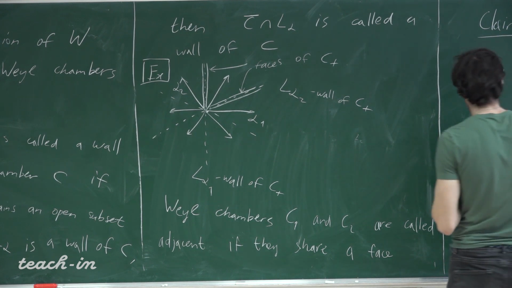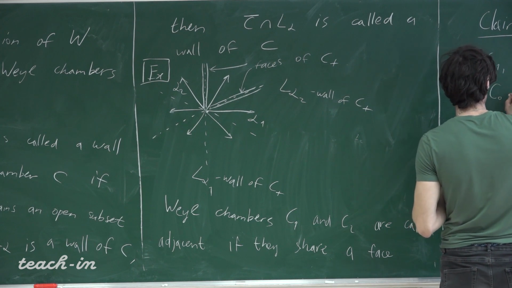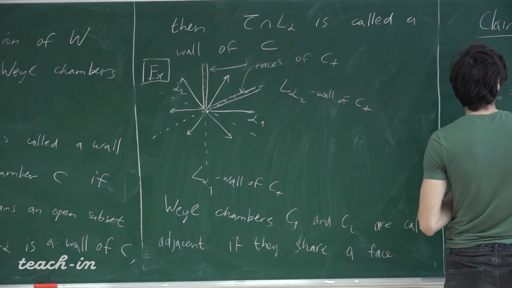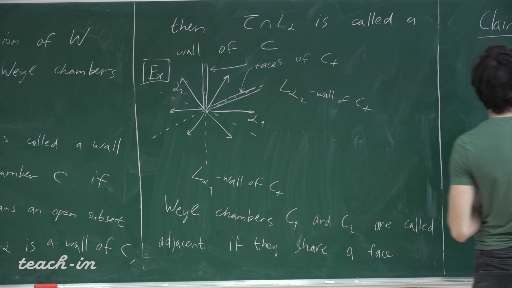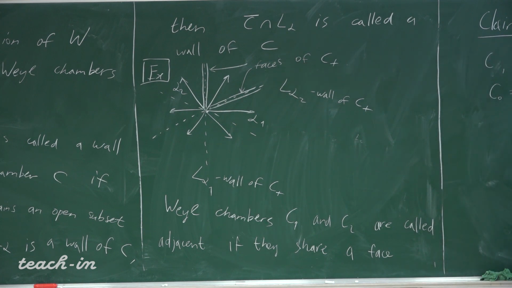The first element of this sequence, the zeroth, is C. Then you have C1, C2, and so on. And the last element is CK, which is C prime.